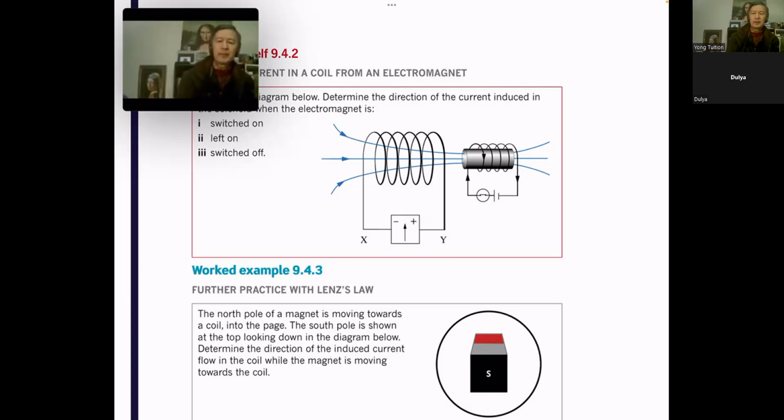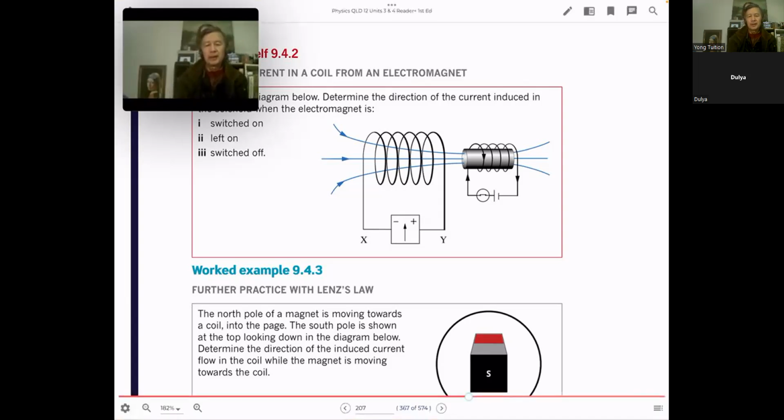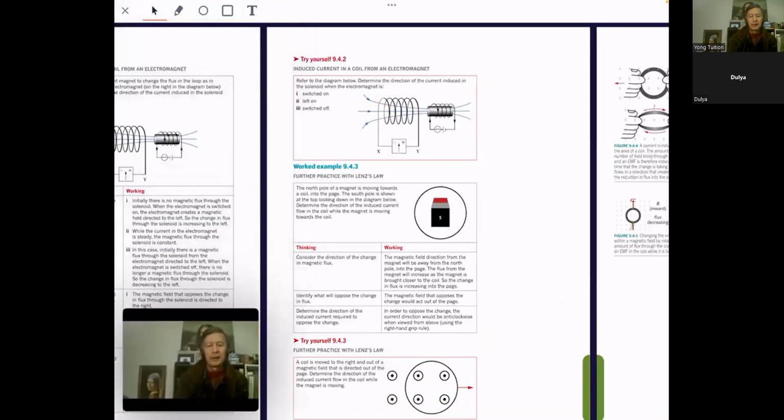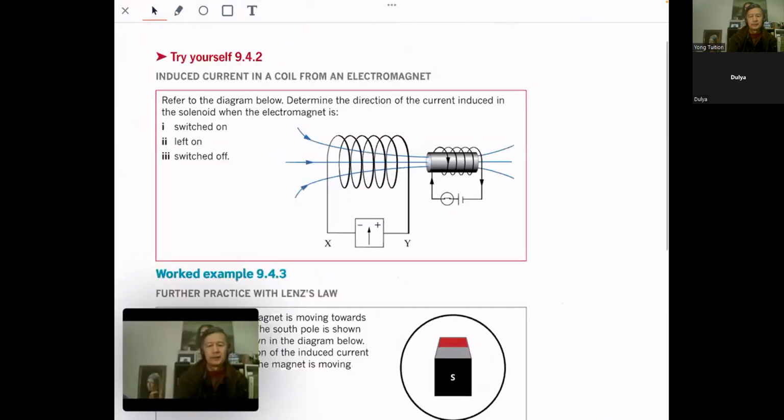Can you draw something on your screen to indicate the last situation, if it's turned off?